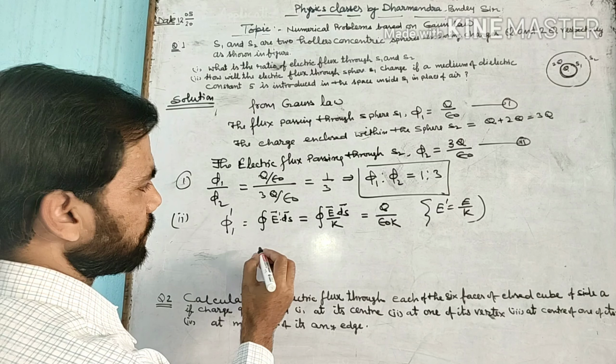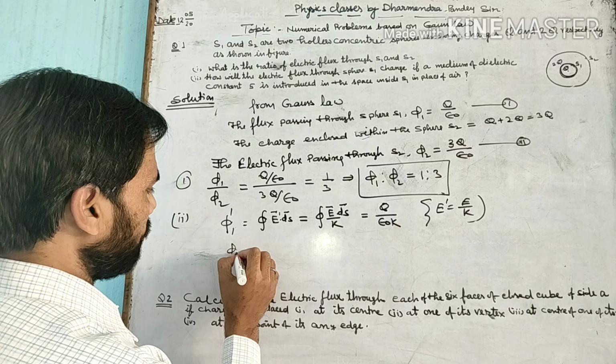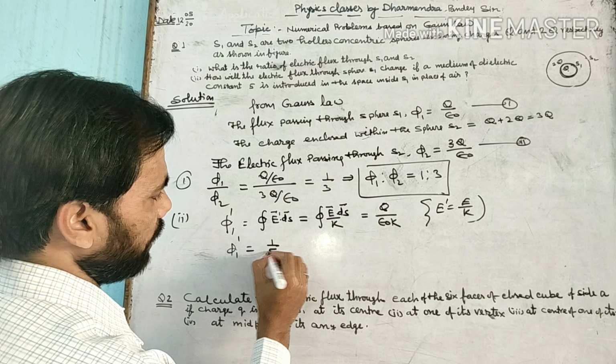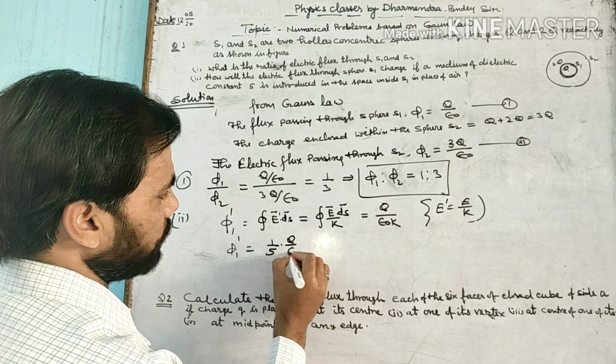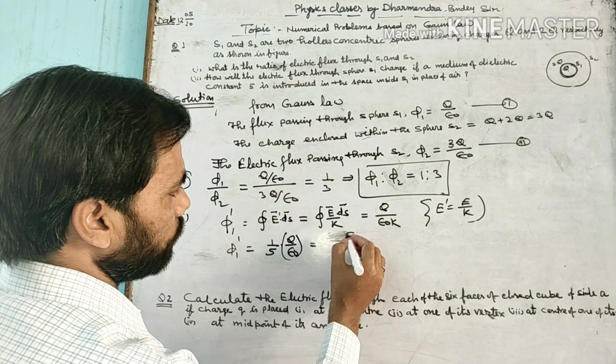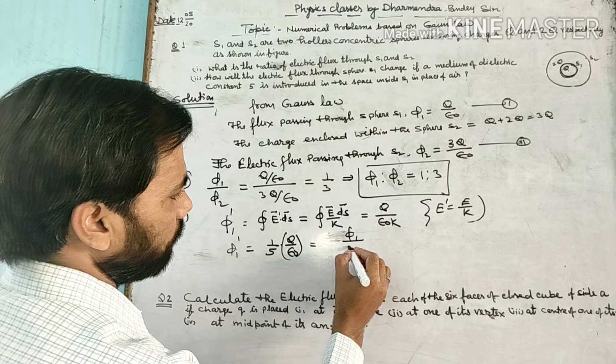Now this can be written as phi 1 dash is equal to 1 upon 5 times Q upon epsilon 0. So our flux will be equal to phi 1 upon 5.